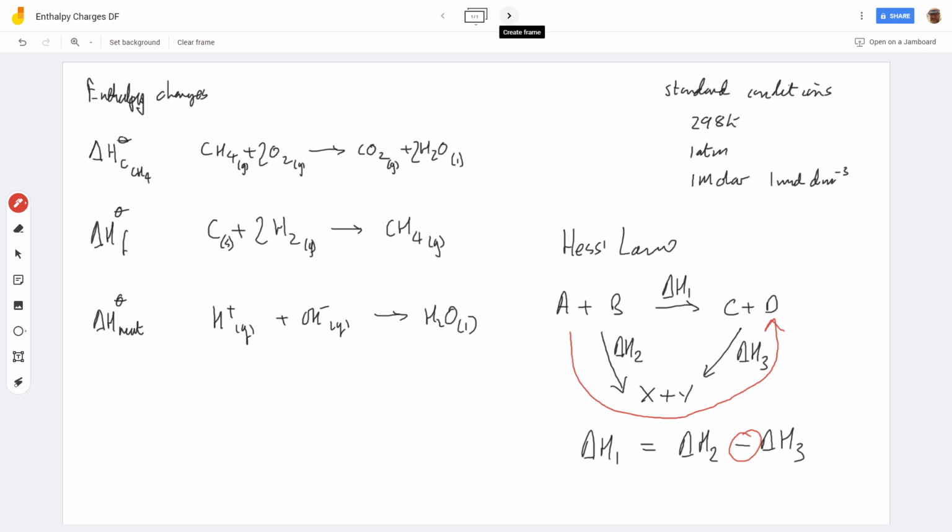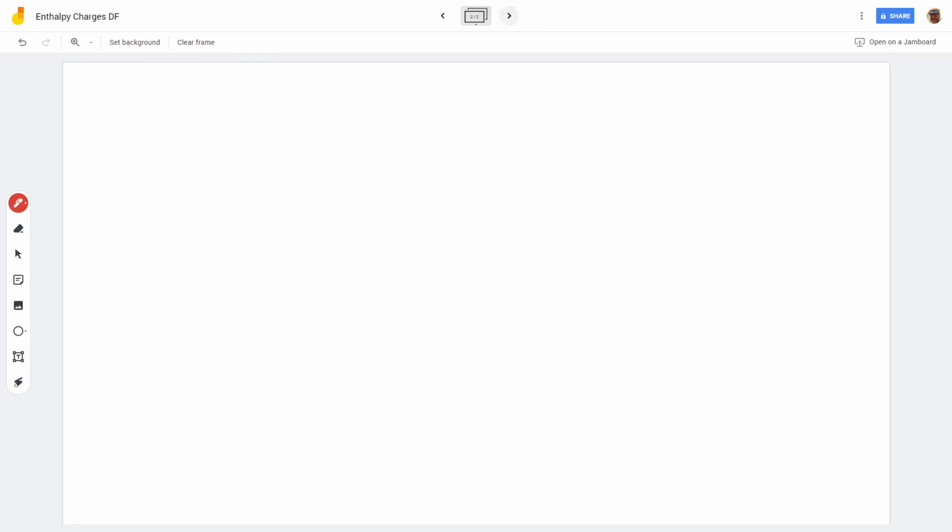Let's look at how you'd apply this to specific types of calculations, and there's really two basic types of calculations you're going to come across, at least at AS. So we're going to deal with using enthalpy changes of combustion to calculate another enthalpy change.